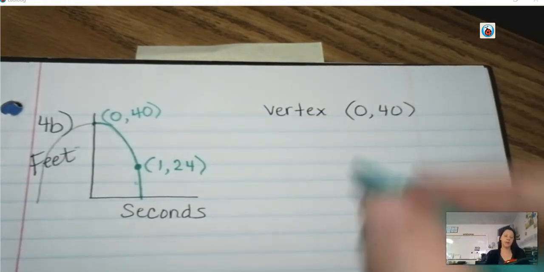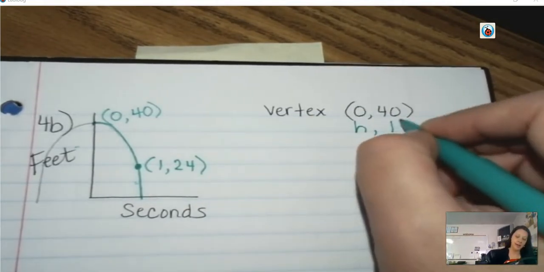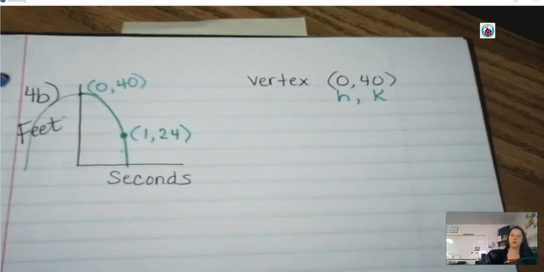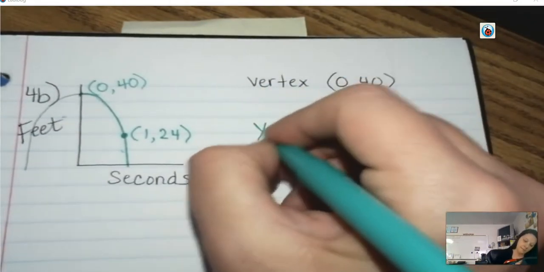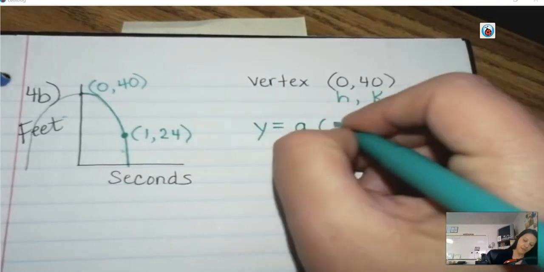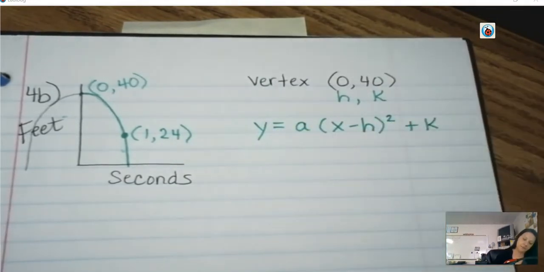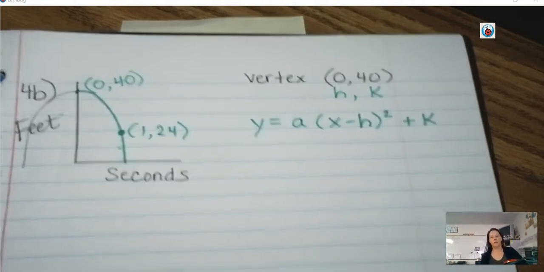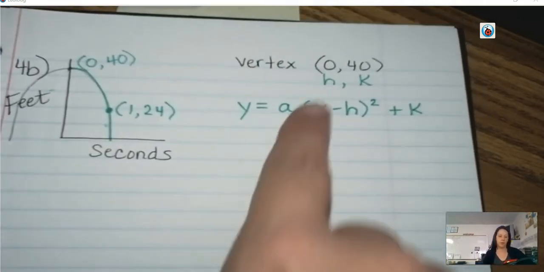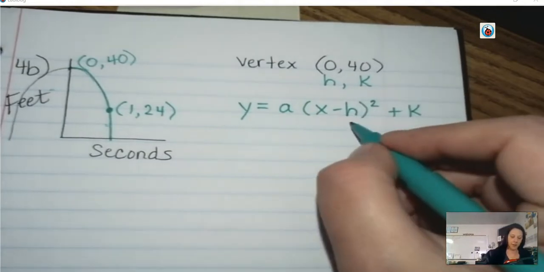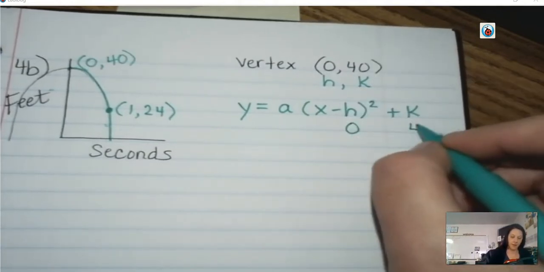Label your vertex as h, k so that you can put it into vertex form. So plug in 0 for h and 40 for the k.